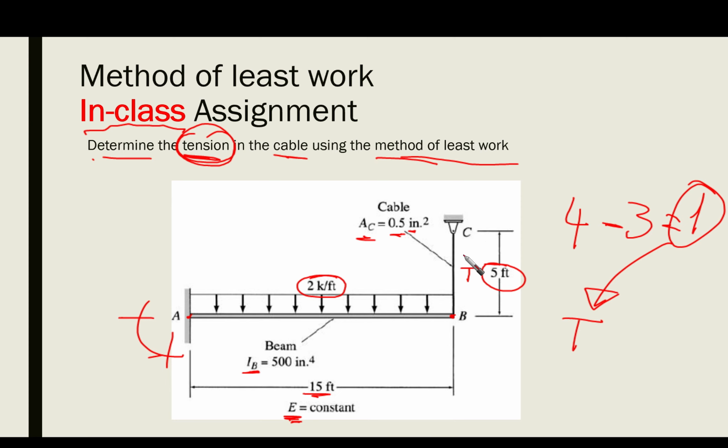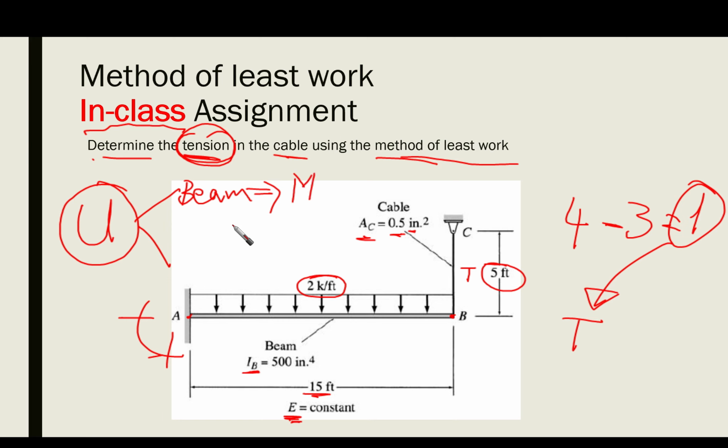Well, that's very nice. Remember well, the strain energy that we are going to talk about here is coming from two parts. One part related to the beam, which is going to be controlled through the flexural straining actions due to moment, and the other part is coming from the cable, which is controlled by what exactly?